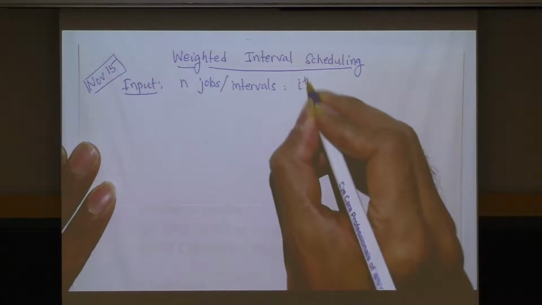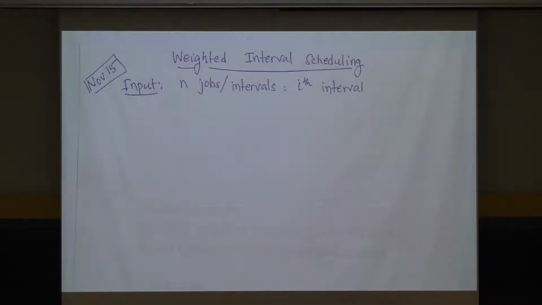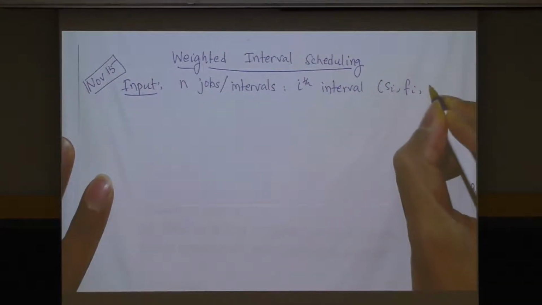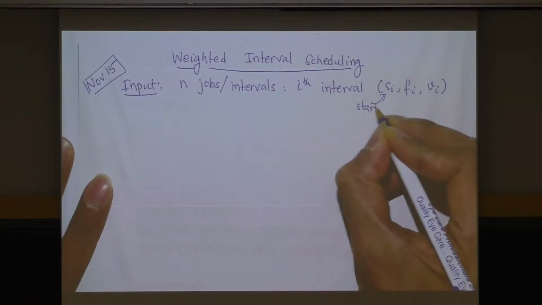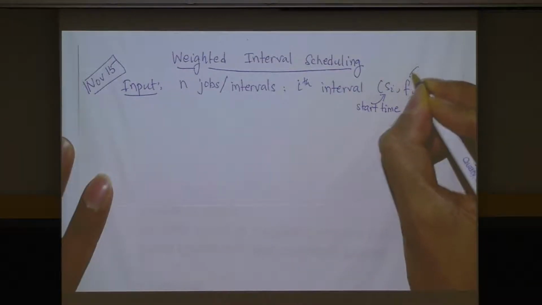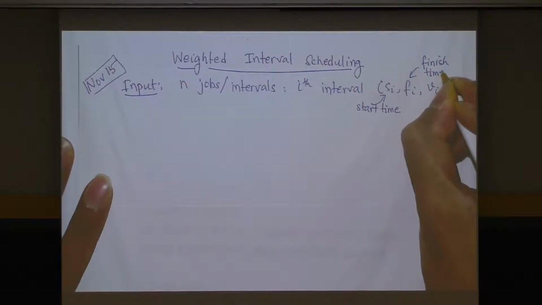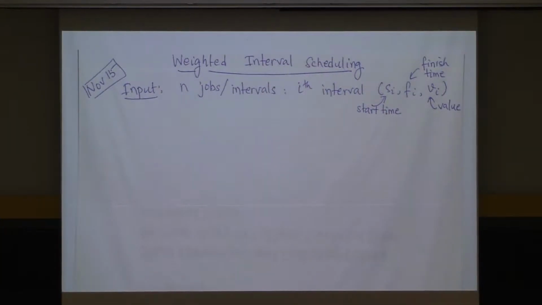In the original interval scheduling problem, each interval just had two parameters, start and finish, and now we'll have three: start, finish, and value. So you have the start time Si, the finish time Fi, and the value Vi. Again, this is the start time, this is the finish time, and this is the value that you'll get if you schedule this interval. Okay.